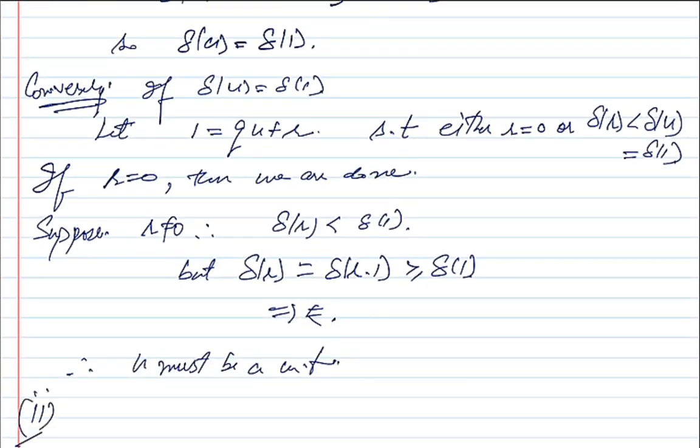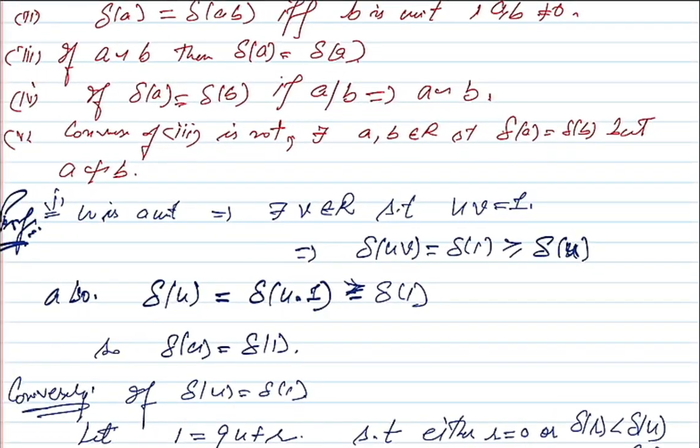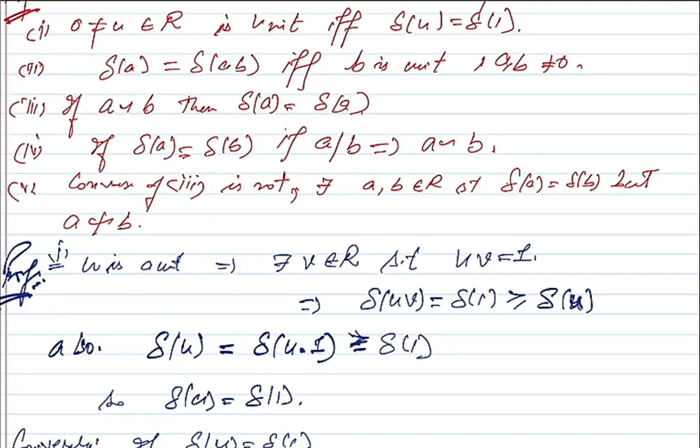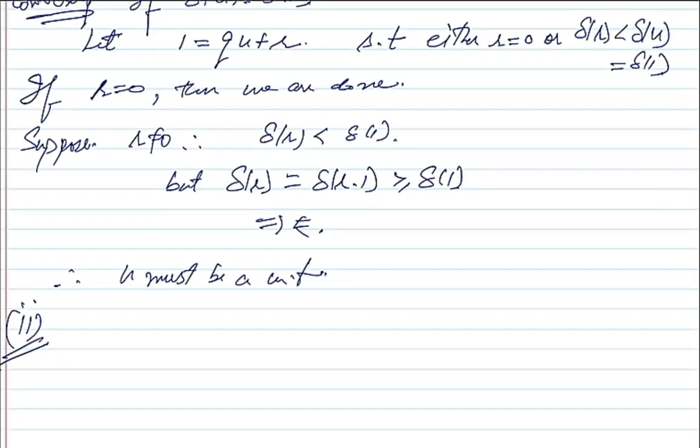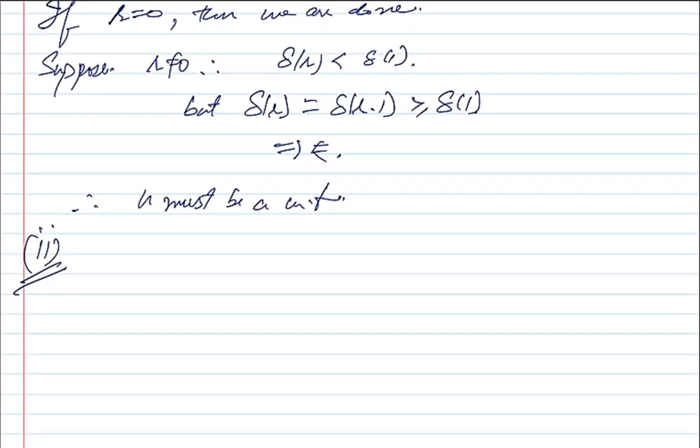Let's see the second: delta A is equal to delta AB if and only if B is a unit. Now this is again clear. Delta A is equal to delta AB is given.